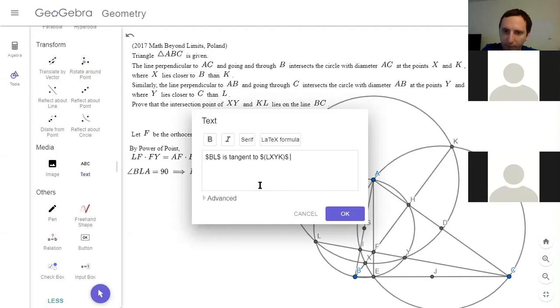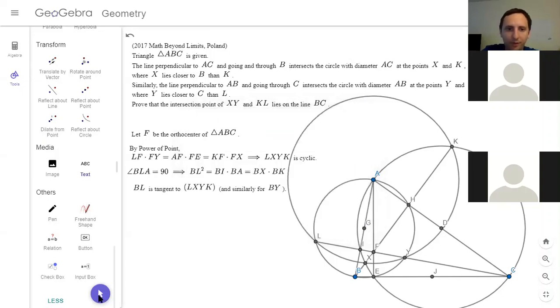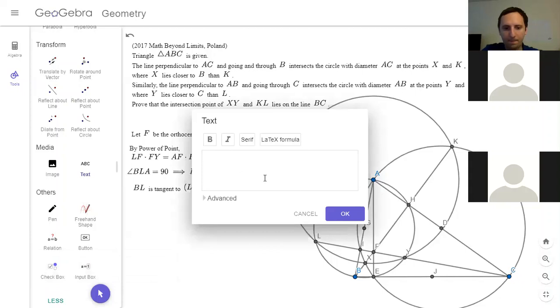And similarly for BY. So yeah, this is a really nice application of pole and polar. So LY is the polar of B with respect to LXYK.